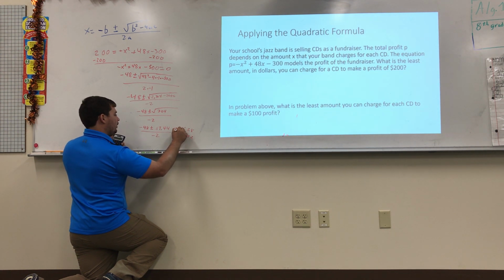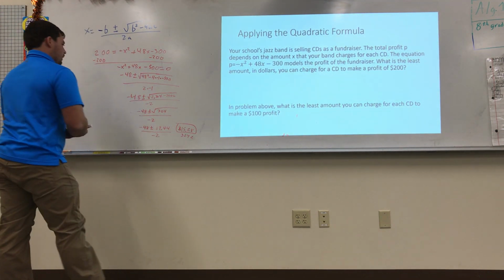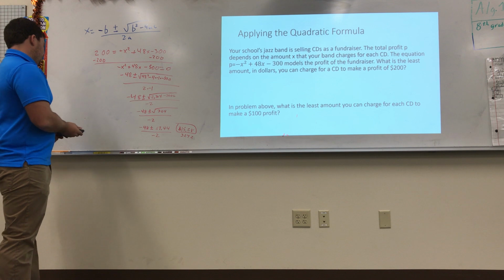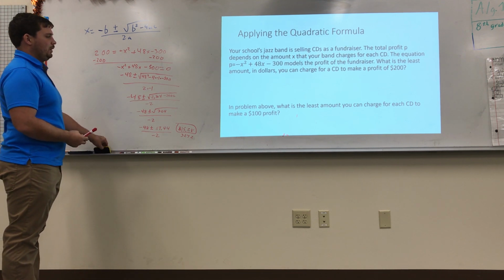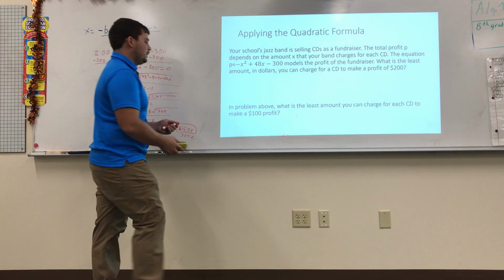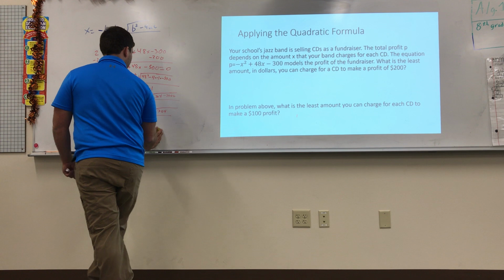The least amount you want for each CD is 15.28. The next bottom part there would be doing the same thing, only with $100. So if you want to see how you're doing, go ahead and try that one and see what happens. Okay?